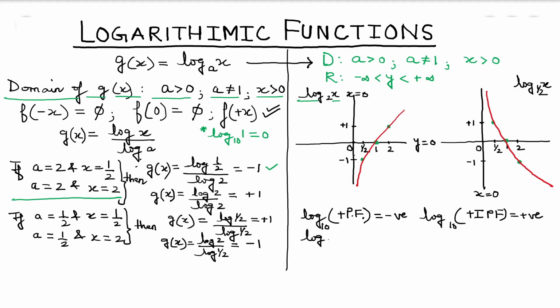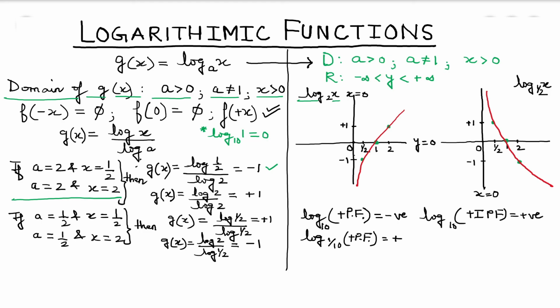Finally, when you take log of, let us say, a positive proper fraction to the base 1/10, a positive proper fraction is a fraction which lies between 0 and 1. For example, the value x is equal to half is a positive proper fraction.